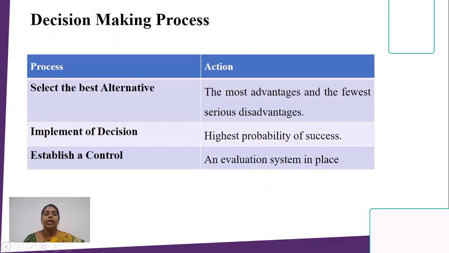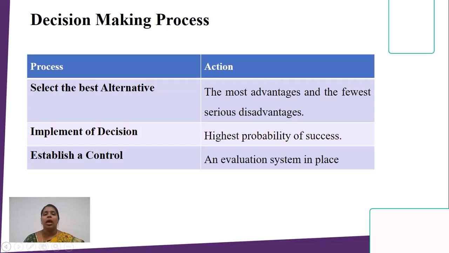Next thing is select the best alternative. After analyzing the pros and cons of each alternative which came up in the identification process, the alternative which has a large number of advantages and the least disadvantages has to be chosen. We call that the best alternative.